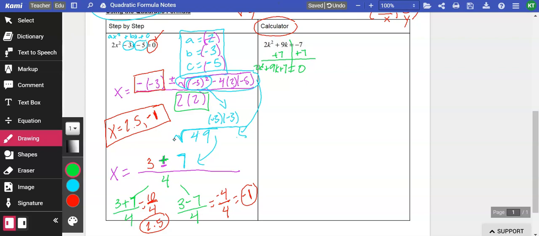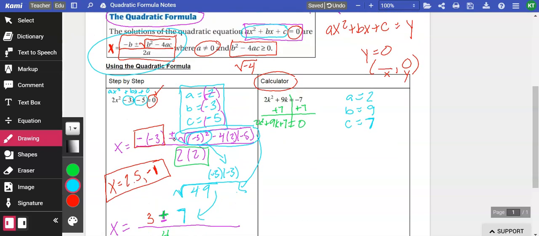Now that it's equal to 0, we can identify our A, our B, and our C. A equals 2. B equals 9, and C equals 7. Plug those into our quadratic formula, which is x equals the opposite of b.